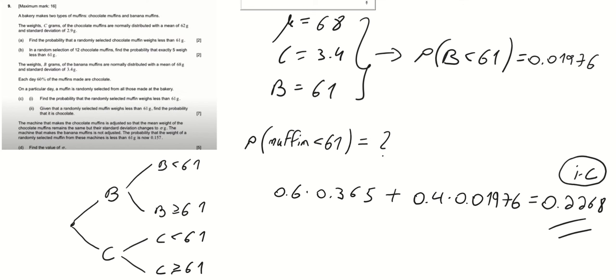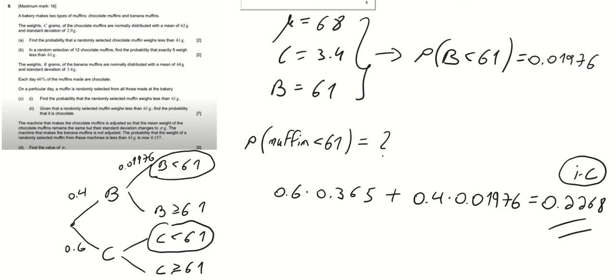And then we just put the right probabilities. So here, for example, for a banana we have 1.4, and for chocolate 0.6, and in order for a banana to weigh less than 61 we have 0.01976, and we simply follow the path of the tree that will lead us to the result where a muffin weighs less than 61.